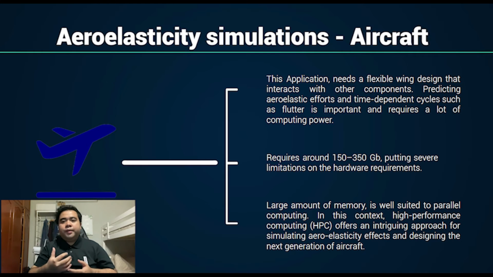In fact, obtaining a solution on the coarse grid required around 150 to 350 gigabytes, putting a severe limitation on the hardware requirements. A large amount of memory is well suited to parallel computing. In this context, high performance computing or HPC offers an intriguing approach for simulating aeroelastic effects and designing the next generation of aircraft.